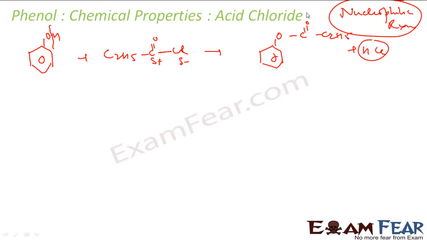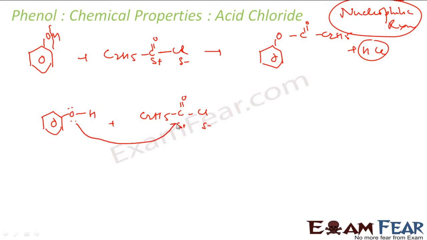Let's see the reaction mechanism of this. See, I have this, let's assume OH here, O with lone pair, and it reacts with C2H5COCl. This is slightly positive, slightly negative, right? This is slightly positive, so this lone pair of this oxygen will try to attack on this, right?